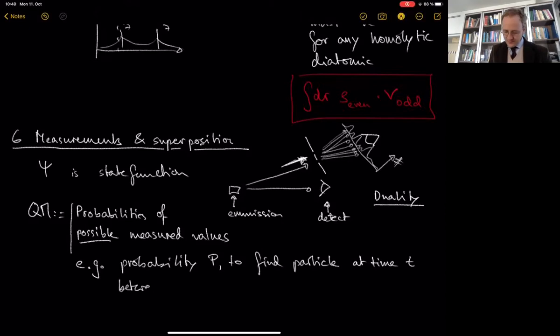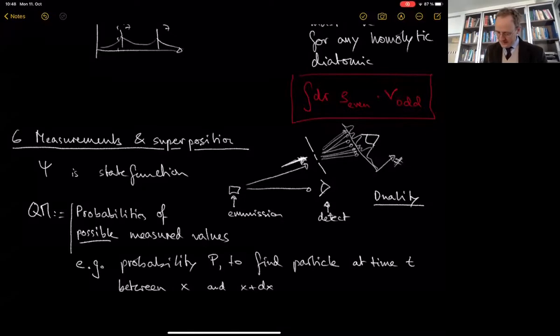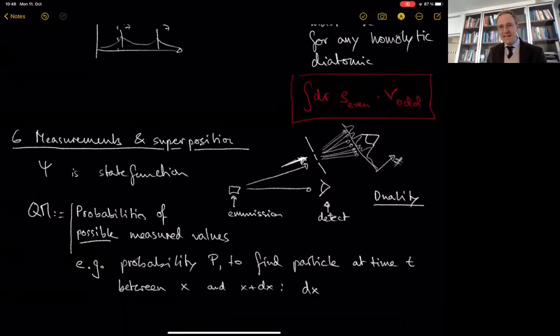between x, somewhere in space, and x plus dx. So at time t, you have this window in space where you look: is my particle here? And this probability is given by dx. The smaller the spatial window you're looking at, the less probable.